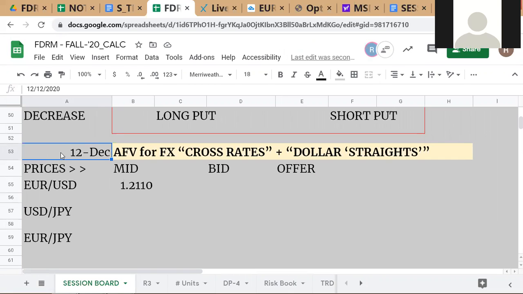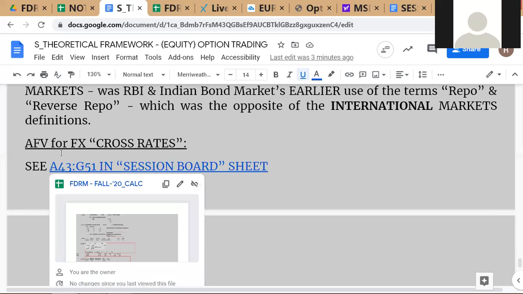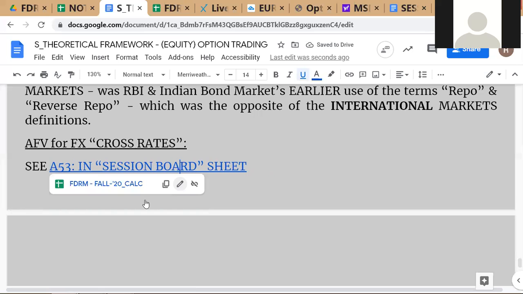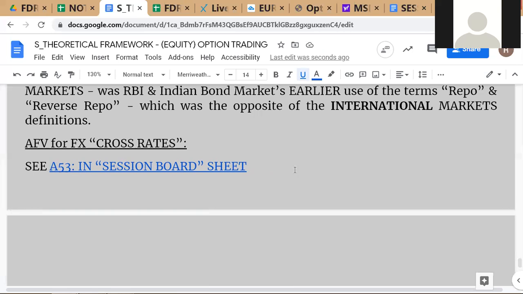And we will not give the other cell reference, it's fine, we'll see where we close it. So A53, so let's refer to A53 in the session board sheet, and let's make sure that it opens that page. Yeah, it'll open some page and it'll take us to, you can go to this cell number, okay?